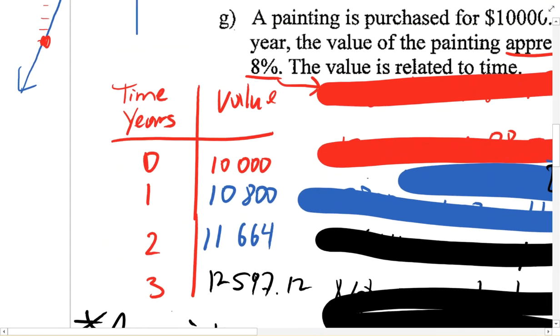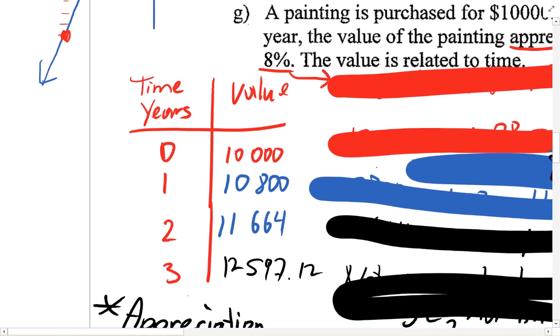Okay. So, time zero, at the very beginning, this painting is worth $10,000. After 1 year, it's worth $10,800. Then the second year, it's worth $11,664. Then year 3, it's worth $12,597.12.